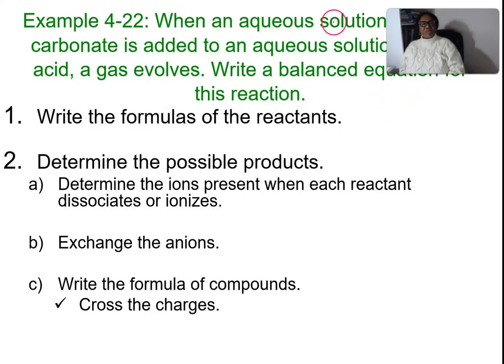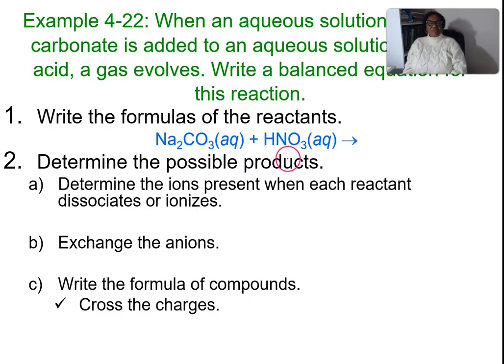So let's go through an example. When an aqueous solution of sodium carbonate is added to an aqueous solution of nitric acid, a gas evolves. Write a balanced equation for this reaction. Write the formula of the reactants. So this is the formula of sodium carbonate, and this is the formula of nitric acid.